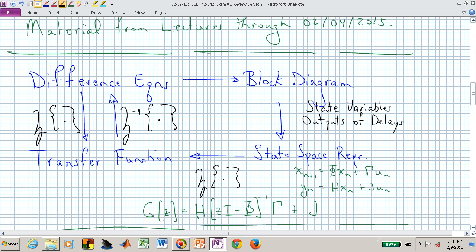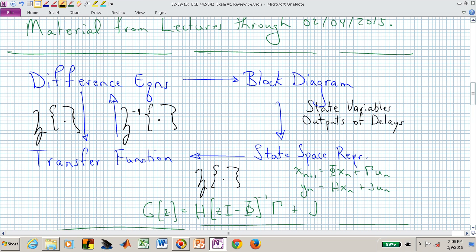If you had 4 delay blocks, now you have 4 states. Each of those states is an output of those delay blocks. Going into those delay blocks is now one advanced in time of each of those state variables. Meaning, let's say you labeled the rightmost delay block as x sub 1 at time n, little x sub 1 at n.